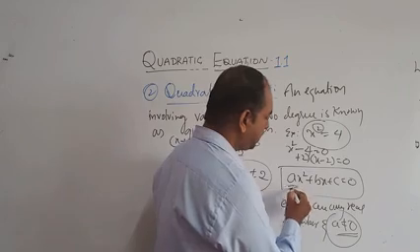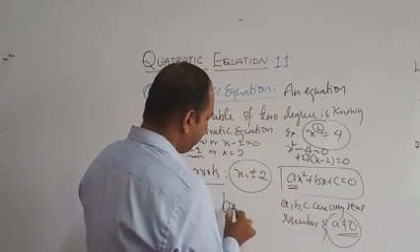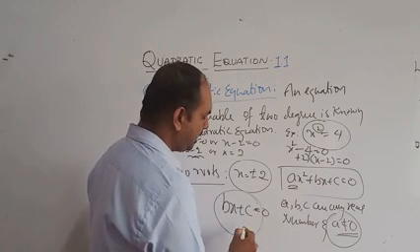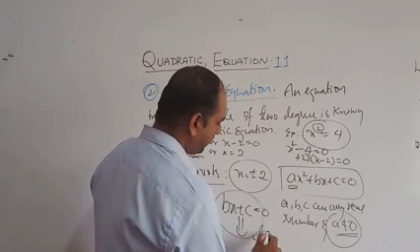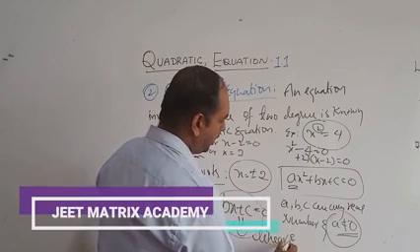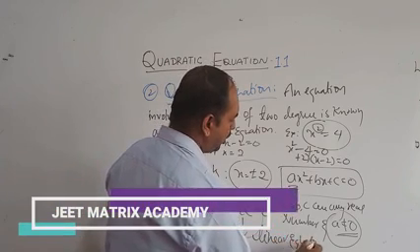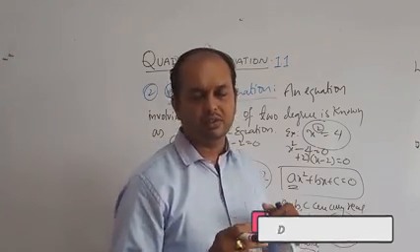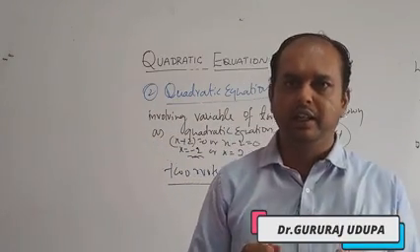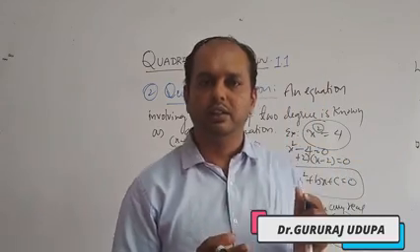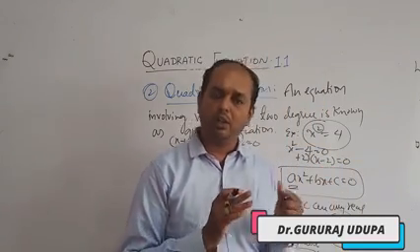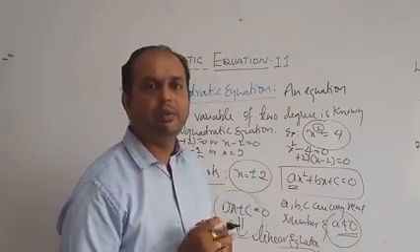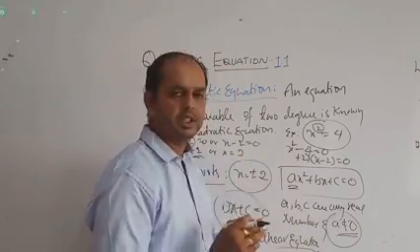So if a becomes 0 here, what happens? This becomes bx plus c, and bx plus c equal to 0 is a linear equation. So be very careful. If the equation is to be a quadratic, remember the coefficient of x square should not be equal to 0. That is the first condition. So there are two basic varieties of equation you could see.